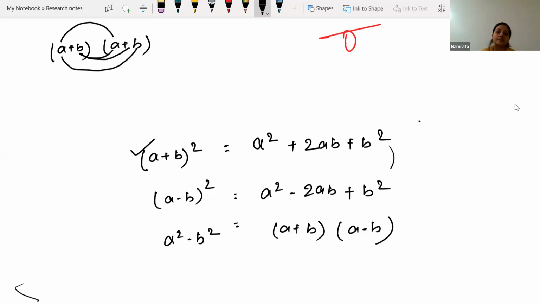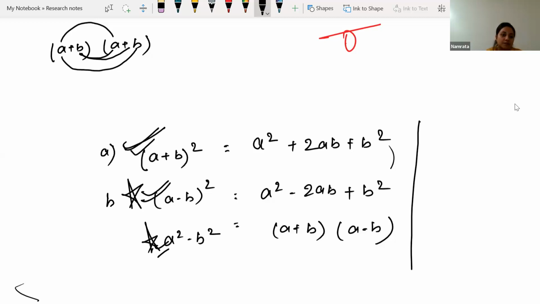Now be careful. I have seen that students get confused between this identity and the last one. The last one and the second one are completely different. These two are completely different. If I take this one as 1, this one as 2, this one as 3, you see in formula number 2 we have (a minus b), then bracket and then a square.